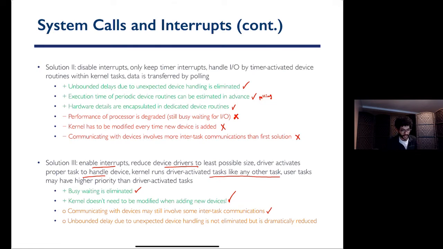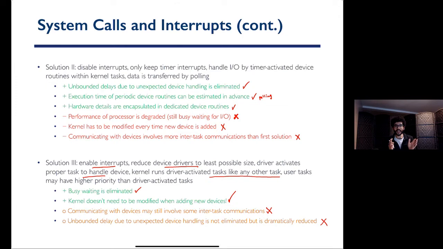So that's a negative. And the fact that we have an interrupt handler means that we're not completely predictable. So there is some unpredictability in the system because I don't know when an interrupt is going to happen or if an interrupt is going to happen or not. And if they happen, they're going to interrupt me.